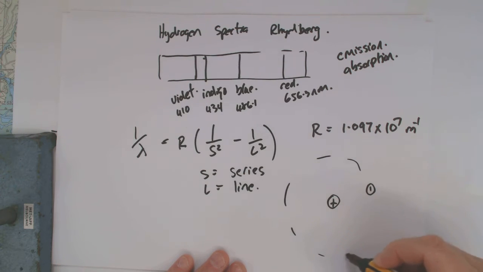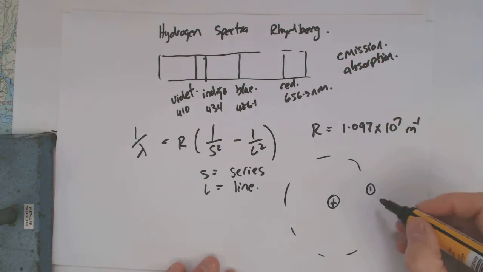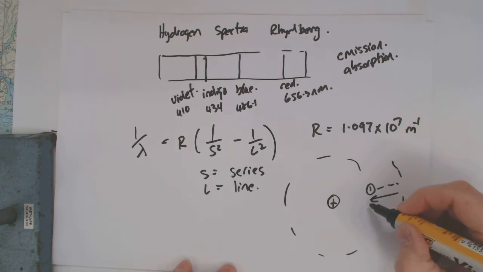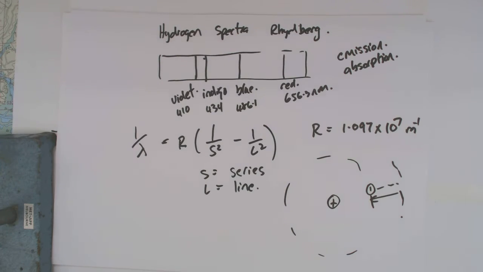It sort of goes around like that. And when you electrically stimulate it, it jumps up to a higher energy, and then it can fall back down. When it falls back down, and it's always this very specific amount of energy, it releases energy, and we get this little wave go flying off with a very specific amount of energy.